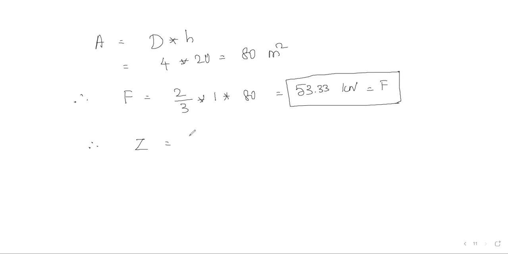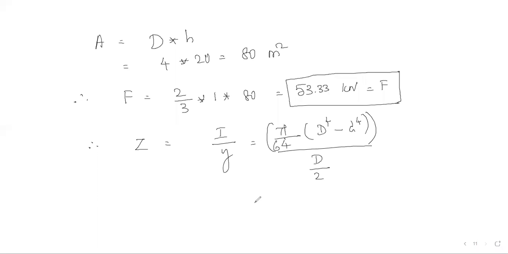Therefore Z we need. So if we are going for Z value, we could go for I by Y. Whereas I is equal to pi by 64 into D power 4 minus small d power 4, divided by Y, which is equal to capital D by 2. Okay, so pi by 64 into 4 power 4 minus 2 power 4, divided by 4 divided by 2.